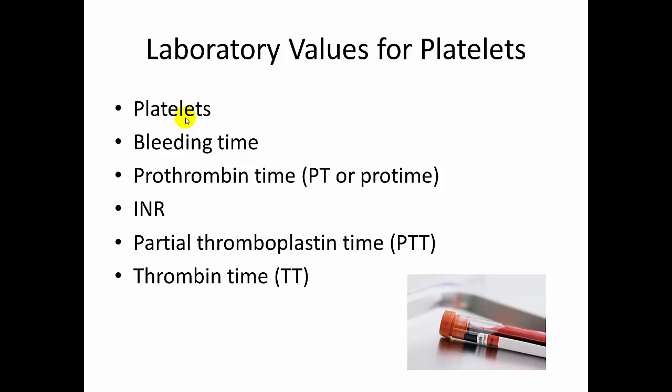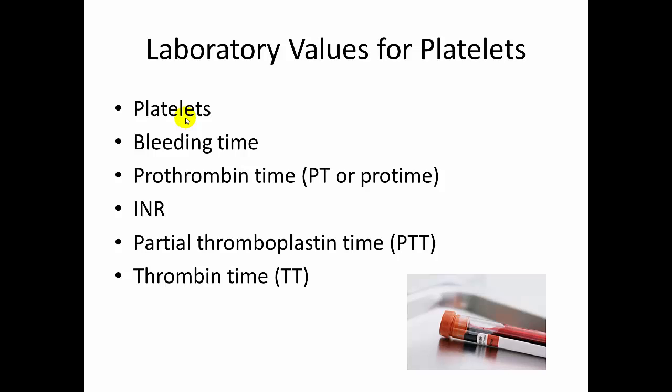Same with INR. INR is measuring the pro time, and it's a useful measure for clotting factors or for Coumadin therapy. The partial thromboplastin time is intrinsic evaluation, useful for measurement of heparin therapy.